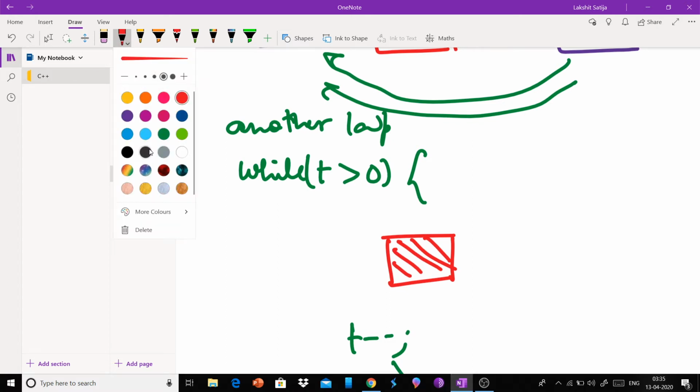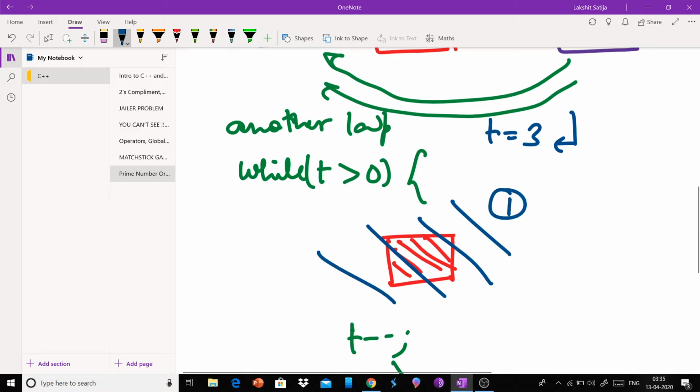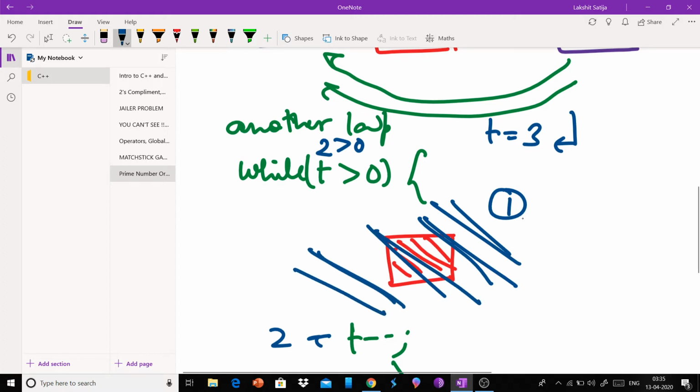Suppose initially t was equal to 3, right? Suppose that we give input t equal to 3. So initially t is greater than 0. This program will run the first time, right? Now the value of t will become 2, then again it will check 2 is greater than 0, right? This program will again run, so the program has run 2 times.